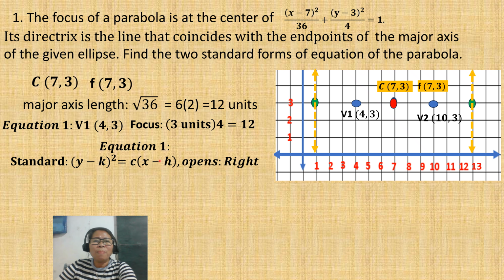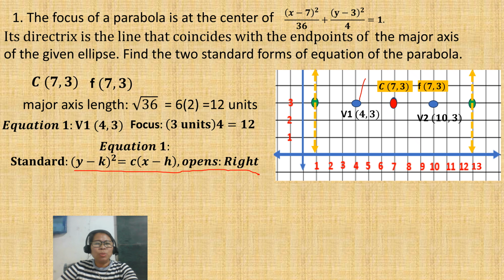So this time, remember that if this is our vertex and this is our focus, that means that our parabola will be opening right. So this will be the focus and vertex, thus our parabola will be concaving or opening right. So this will be the equation described by the first vertex, which is vertex 1.